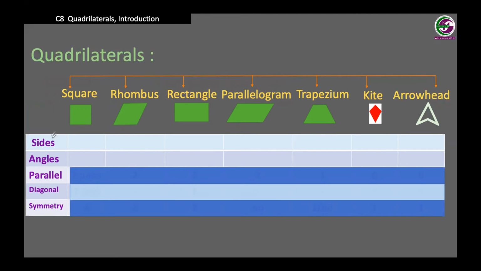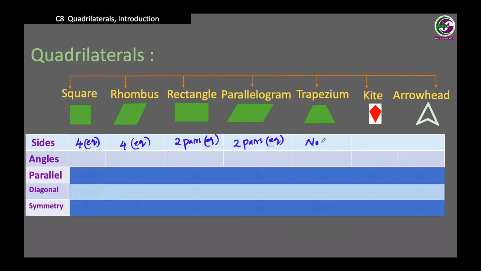Let's see the sides. In a square, all four sides are equal. In a rhombus also, all four sides are equal. Rectangle, two pairs are equal. Parallelogram also, two pairs are equal. Trapezium, generally no sides are equal.